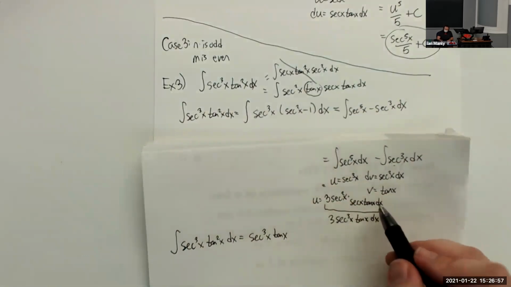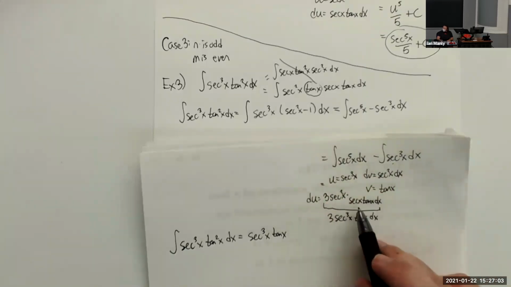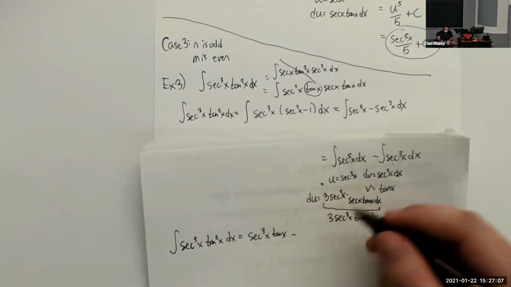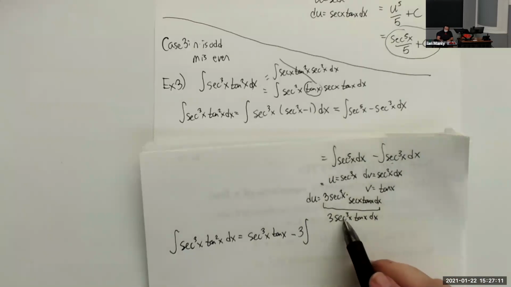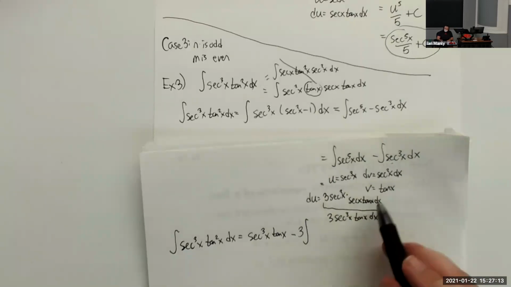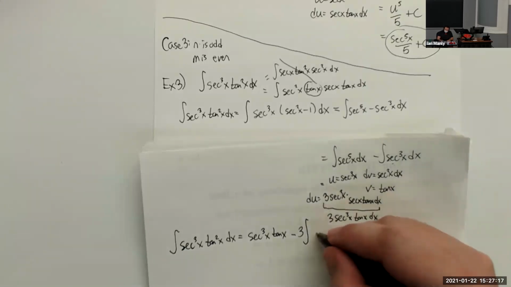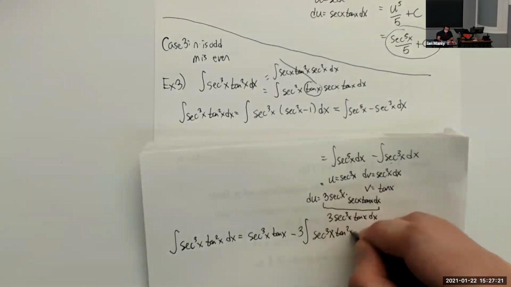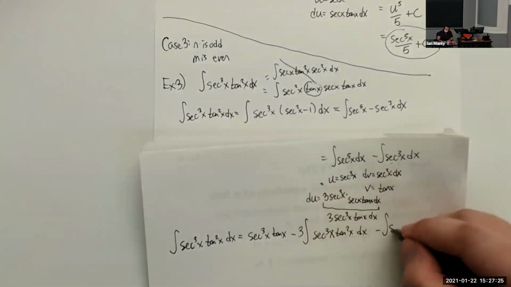And then we're going to subtract the integral of, oh, this should be v du, right here. So we subtract, and then this 3 is going to be a constant. I'm just going to move that out. And then what do we have? We have secant cubed tangent here, and then we multiply by another tangent. So all in all, that's going to end up giving us secant cubed tangent squared of x. And finally, we have this guy, which we haven't even messed with yet.